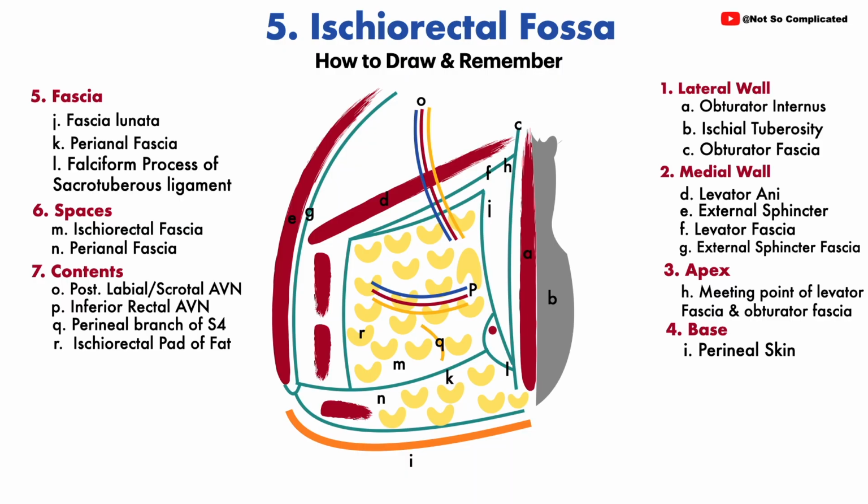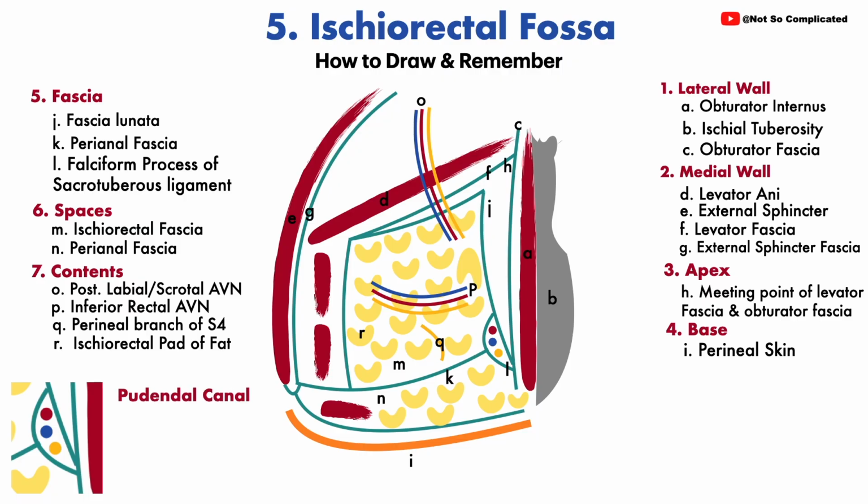And this Q region: we have made the pudendal canal also, or Alcock's canal, like that, and I have put that in a structure right here in the corner. The contents are obviously the pudendal artery and vein, and then the pudendal nerve. So this is Alcock's canal, and this is very important for the pudendal block during pregnancy.